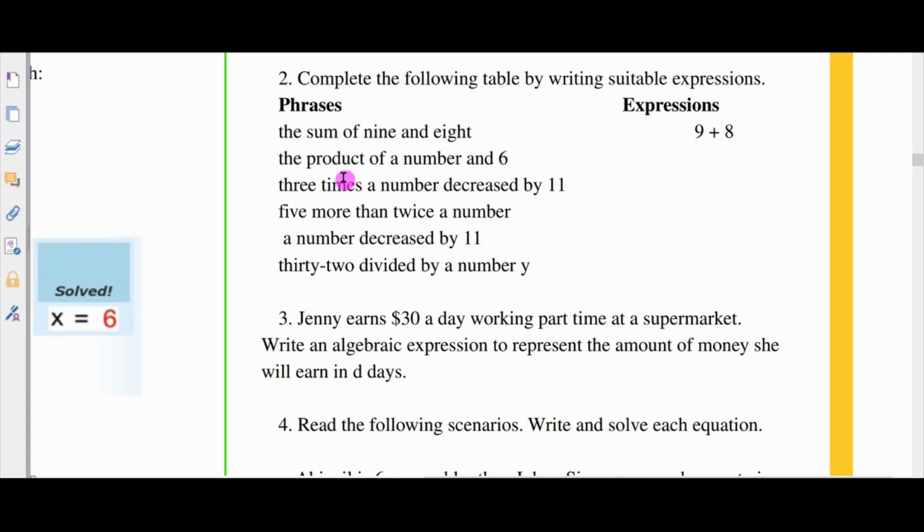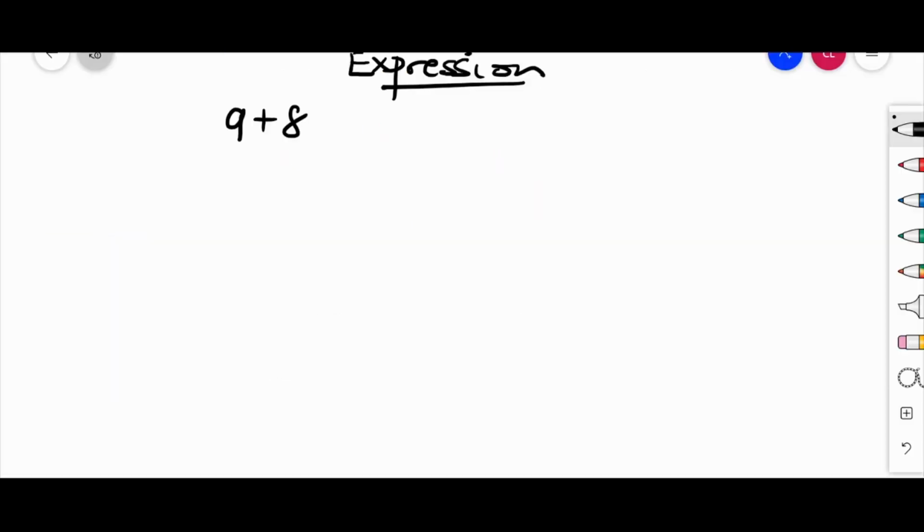The product of a number and 6. Okay, so product means to what? Multiply. So some number, we can call that number n, and 6. Okay, so this is some number and 6, some number multiplied by 6, or we could say 6n.